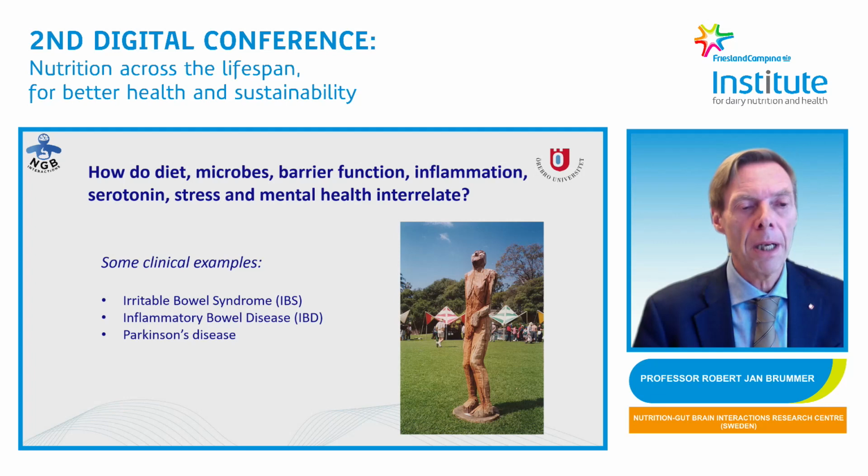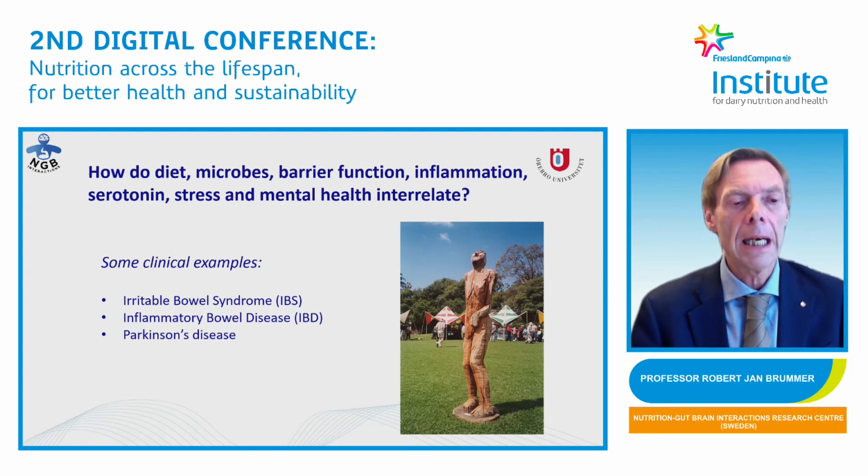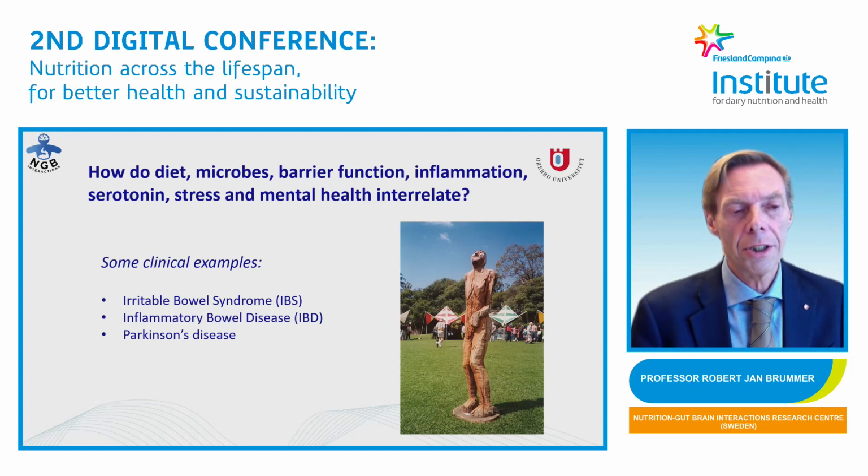The third example I mentioned is Parkinson's disease, and the reason for that is that it's more prevalent than you think. It's estimated that about 8 to 9 million people in the world suffer from Parkinson's disease, and it is actually increasing. And we and other researchers and clinicians think that in a part of Parkinson's disease patients, Parkinson's disease starts in the gut.